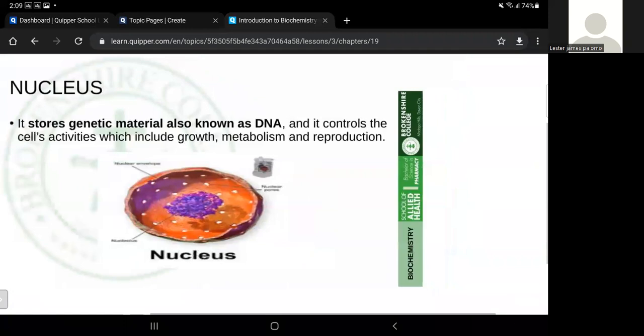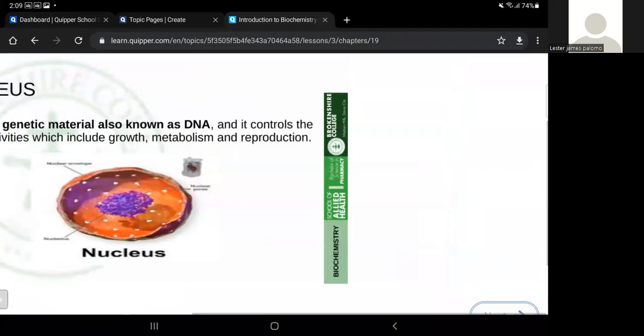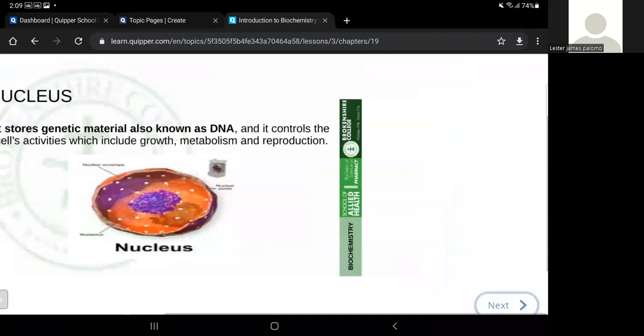Then we have your nucleolus. It is involved in the production and assembling of subunits, which results in the formation of ribosomes. So ribosomes can be found in the nucleolus.